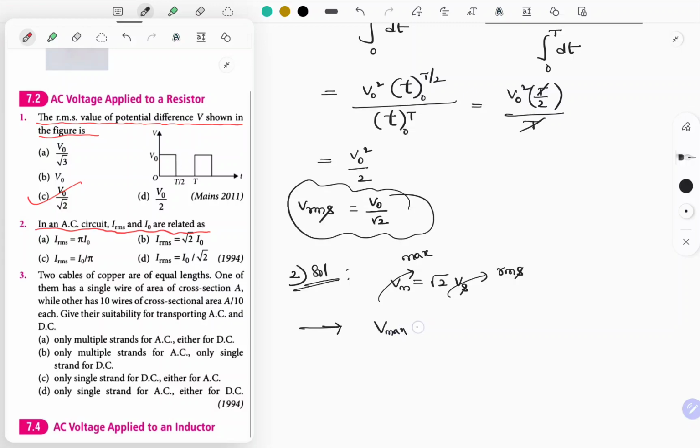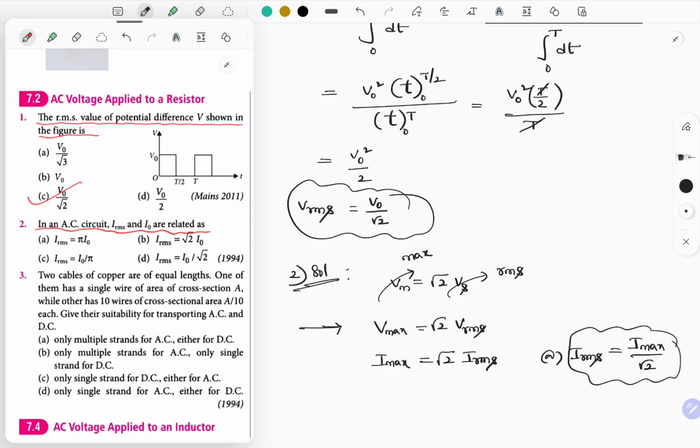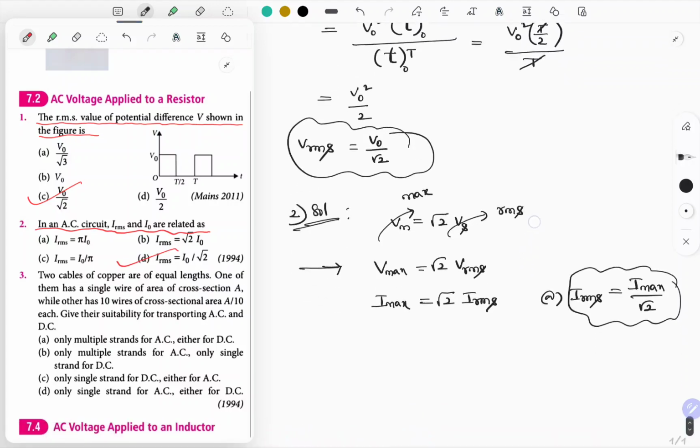V maximum is equal to root 2 times Vrms. Similarly, I maximum is equal to root 2 times IRMS, or IRMS is equal to I maximum divided by root 2. I maximum in the sense I naught they have given. So which option? Option D is the correct answer.